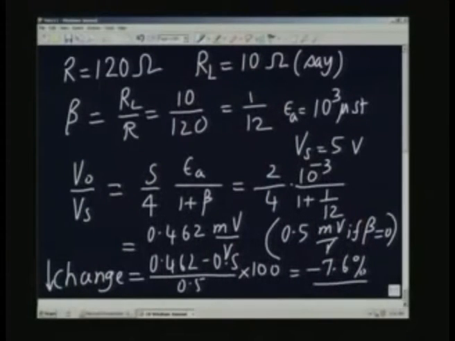So, the RL could be large, 10 ohms or 20 ohms or even 50 ohms, but if the 3 wire arrangement is used, the effect of that will be eliminated, excepting that it is going to degrade the performance of the VO by Vs by a constant factor.